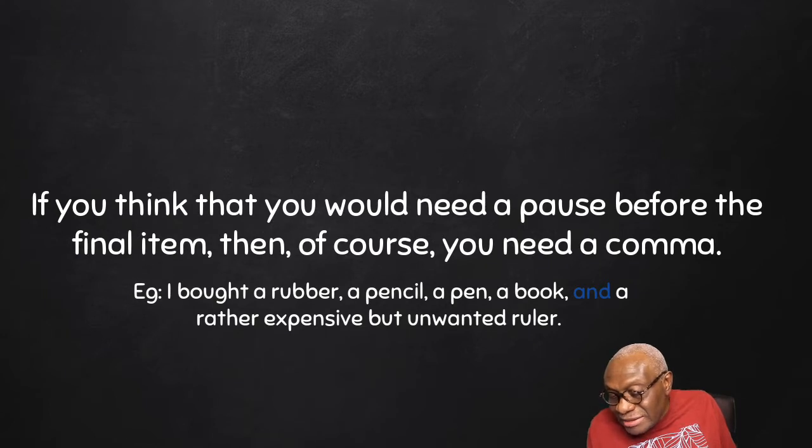Though the last item is a ruler, it comes in a long sort of group of words: a rather expensive but unwanted ruler. Because of that, I think we will need a pause before we say that item. Because of that, we still put a comma before and.